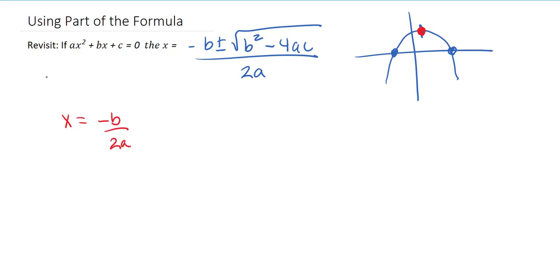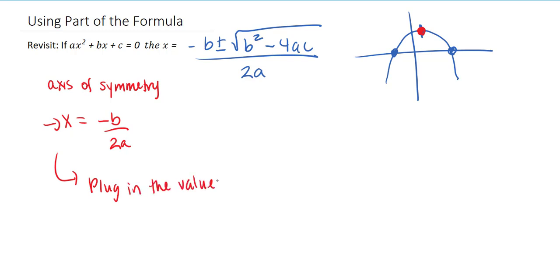So we're going to use a part of the formula to find the axis of symmetry. And then what we do with this is we plug the value into the equation to find y.